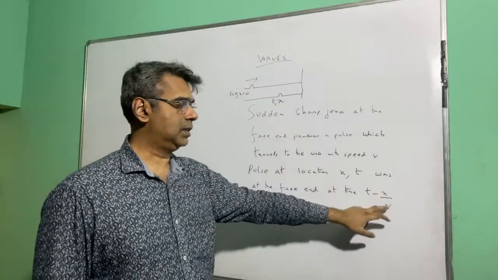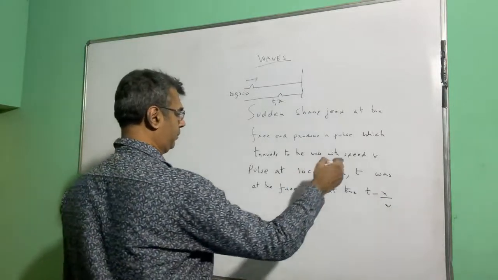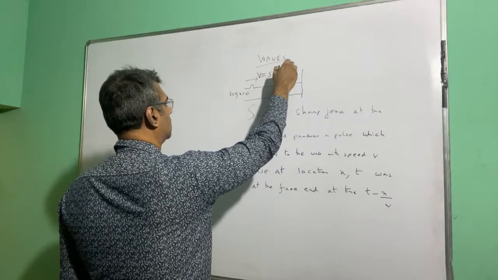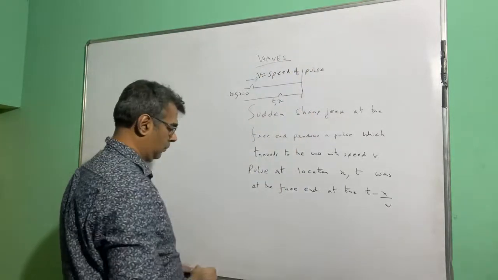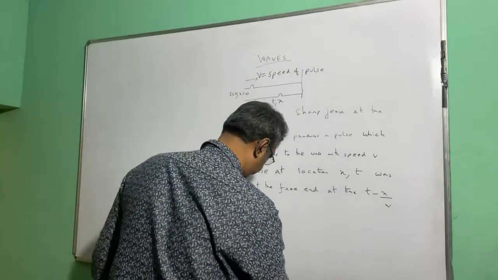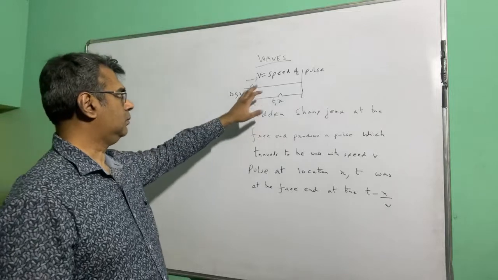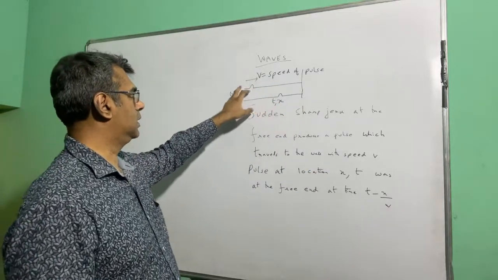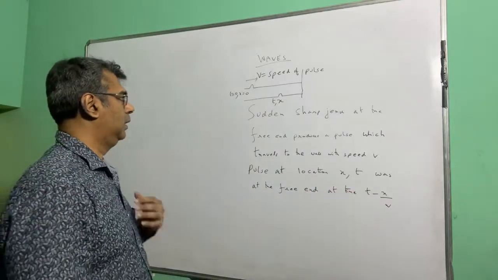At time t minus x by v, where v is the speed of the pulse. So the pulse which is over here was at the free end at time t minus x by v.